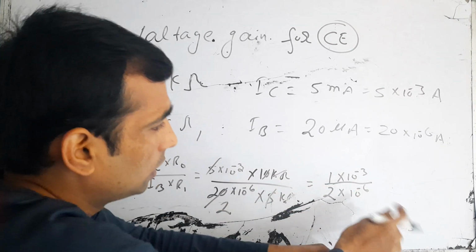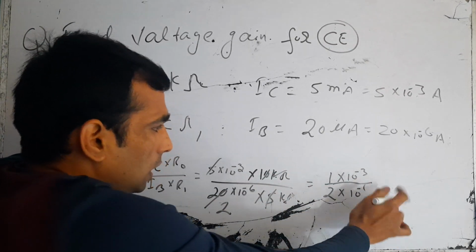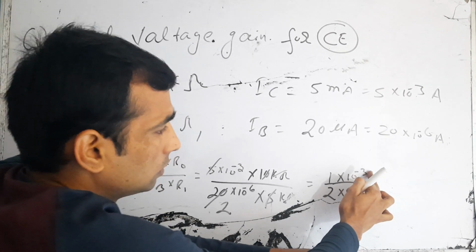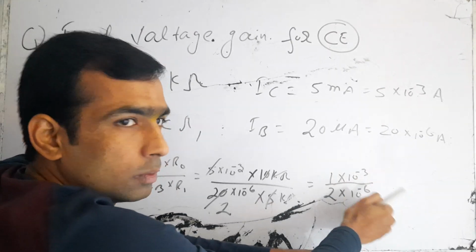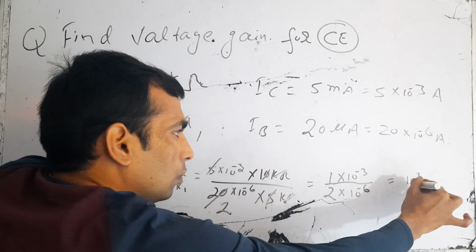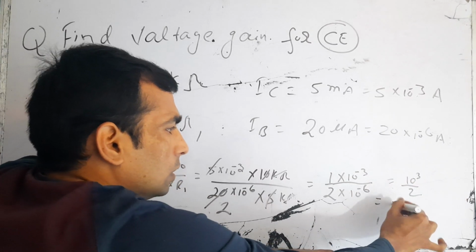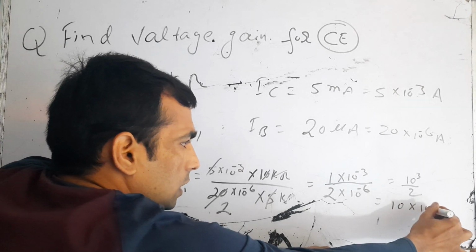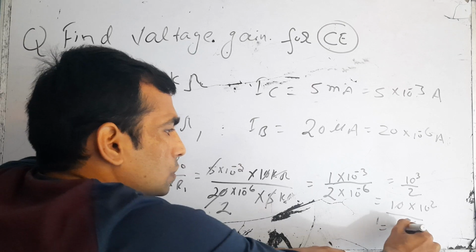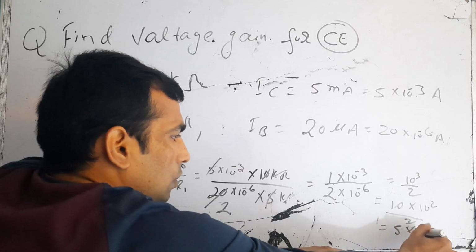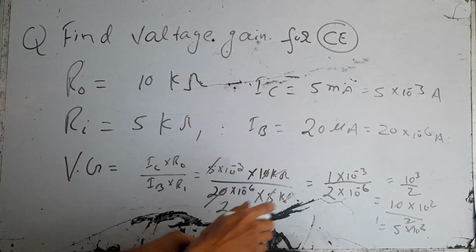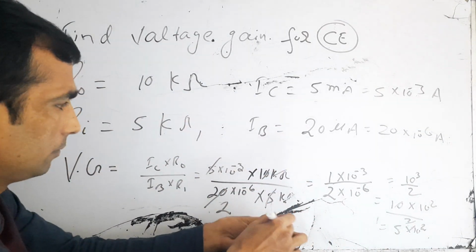If the numerator goes to the denominator, the power becomes positive. So this is 10 to the power 3 upon 2. Just write 10 into 10 squared upon 2. 2 fives are 10. So what is your final answer? 5 into 10 to the power 2, or you can say 500. It's the voltage gain.